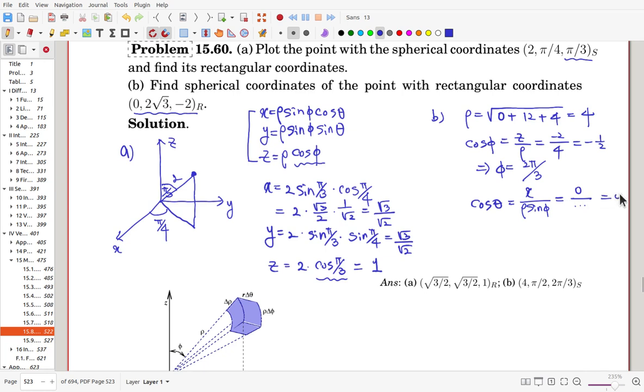That is 0, right? X is just 0. So that is 0, which means that theta must be pi over 2. So we have 4, that is the first component, that is the second component, and the third one, right?